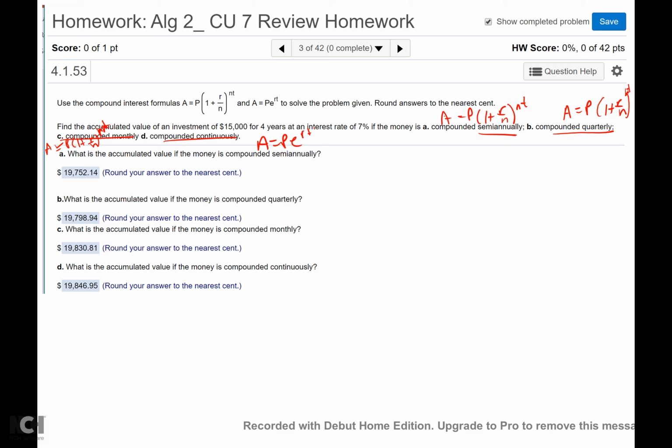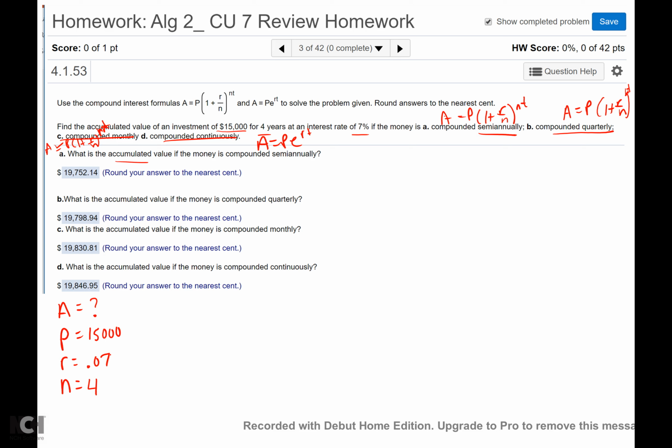Alright, so to figure this out, let's write down our information somewhere. I need an A, a P, an r, and an n. A is the amount accumulated, so that's my unknown. The principal amount is $15,000, invested for 4 years at an interest rate of 7%.